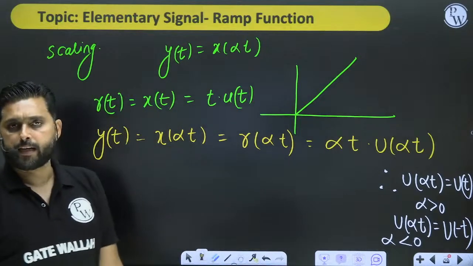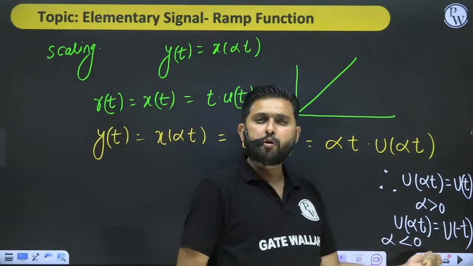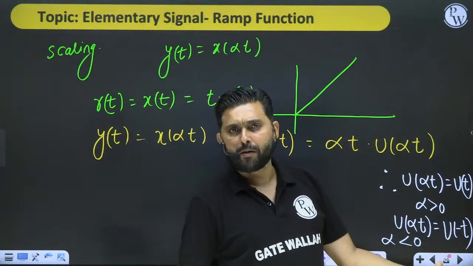So u of minus 2t is simply u of minus t.